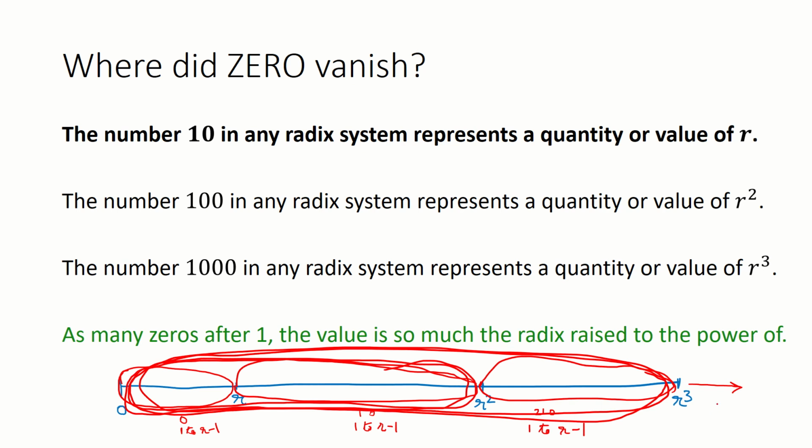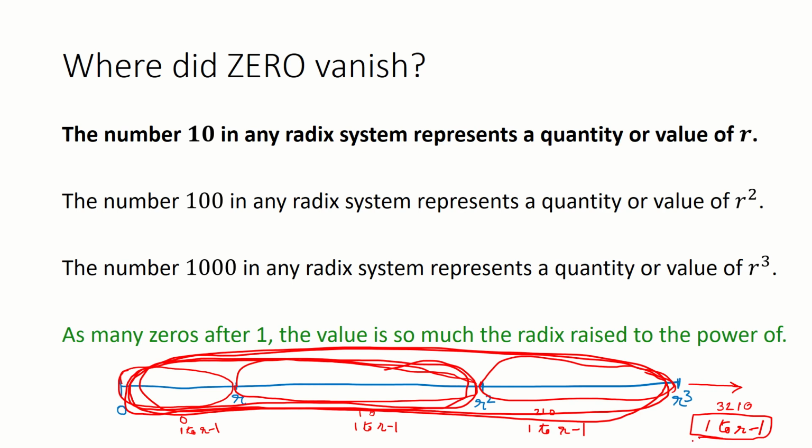Like here you might have to use 4 positions, but the digits remain the same, they are still 1 to r minus 1, and these digits are the set of symbols we have in our number system, which we have been able to restrict to r minus 1 only because of the capability of 0.